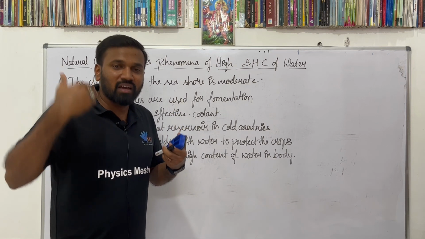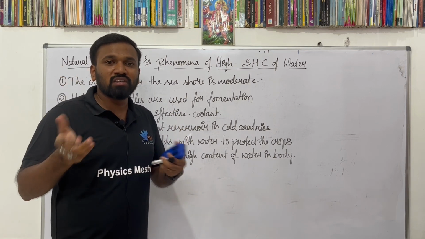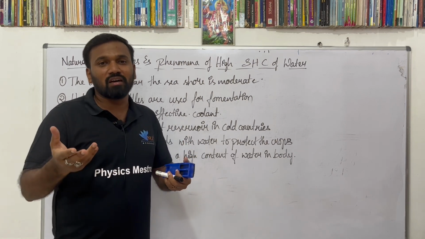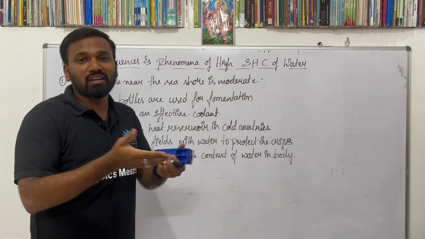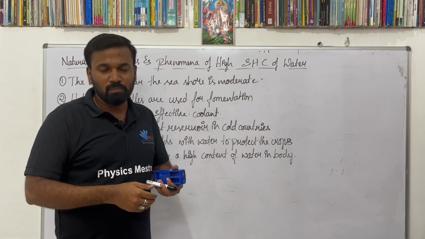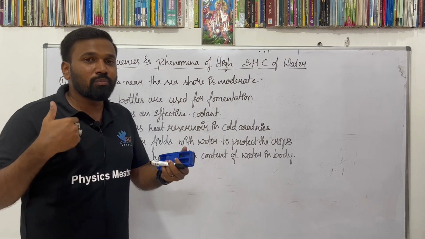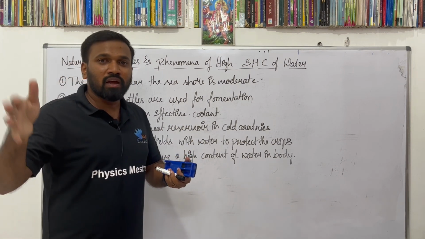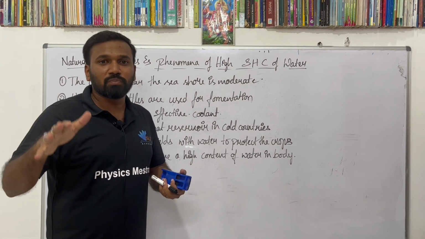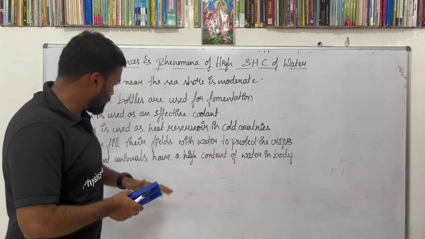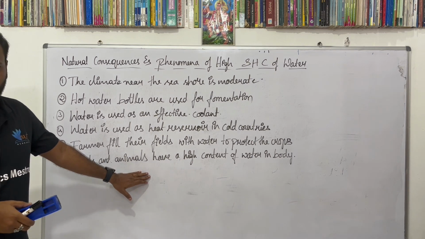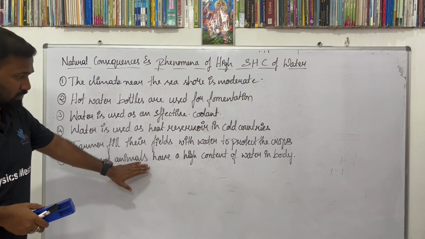It will decrease slowly, and as time elapses the atmospheric temperature increases again. This helps us to maintain the body temperature in spite of the lowering atmospheric temperature. This is the utility of the high specific heat capacity of water. I hope you understood this concept.